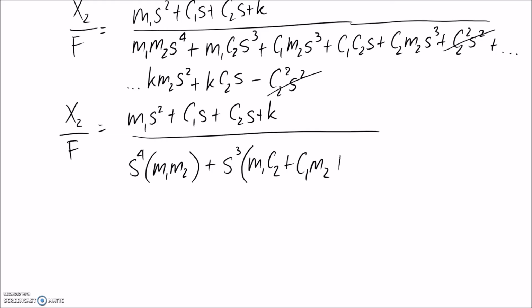C2, M2. Oh, sorry, got it on the front there. All right, S squareds. We have this one here. And in the S's, we have just this one here. Oh no, in this one.